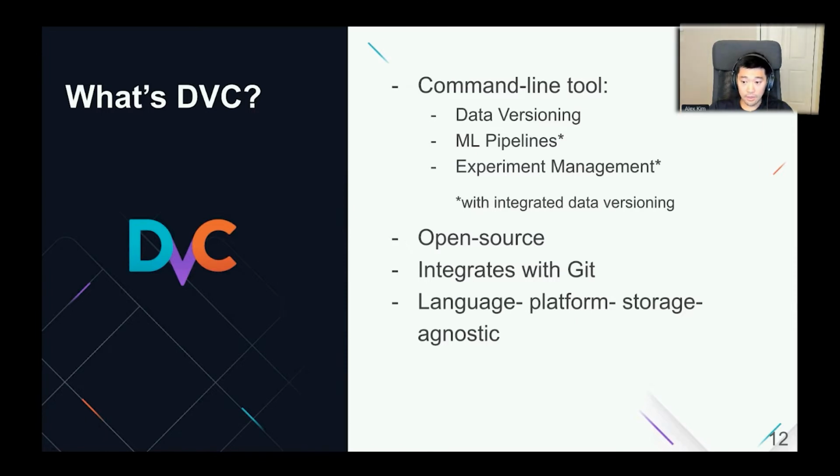It's designed to integrate naturally with Git, and it's also language, platform, and storage agnostic. So you can use any programming language that you want, even though in my example today, I'm going to be using Python. You can use it on any Linux, Unix, or Windows platform. And as I mentioned, you can use pretty much any type of storage you can think of.